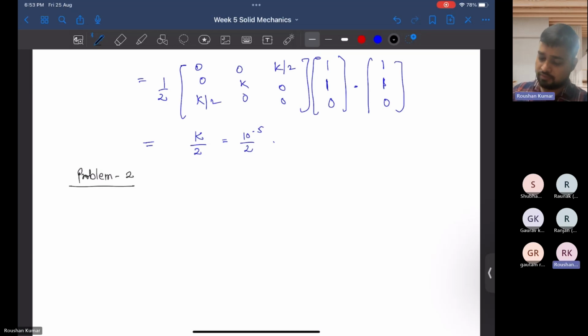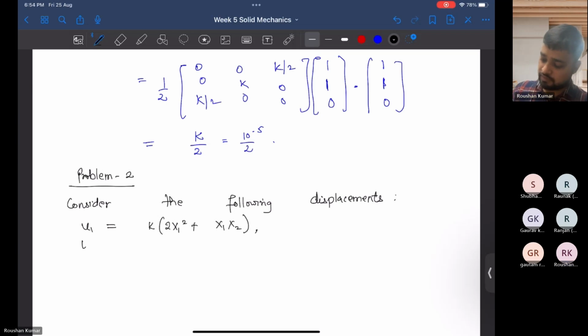In this question, the statement is: consider the following displacements, that is u1 is given as k times 2x1 square plus x1 x2, u2 is given by kx2 square, and u3 is given by 0, where the value of k is 10 to the power minus 4 unit.